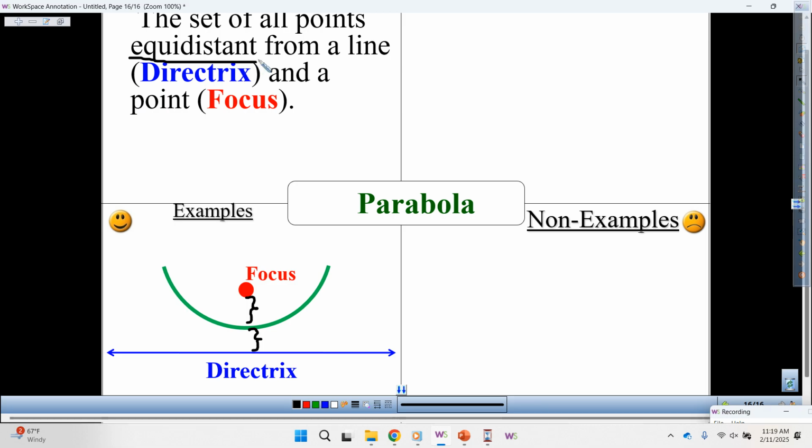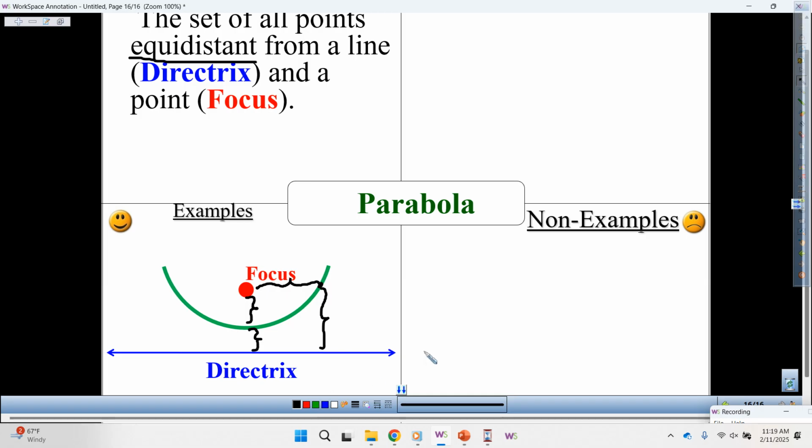So that means if I was to look at a point right here, this distance is the same as this distance. And if you look at it, it looks kind of like a square. So that means that is true. Equidistant points. So it's made up of a bunch of little points that are the same distance from the focus and from the directrix. So this is my parabola.